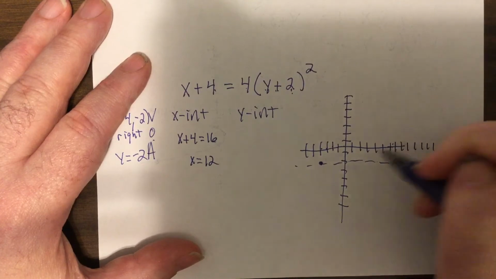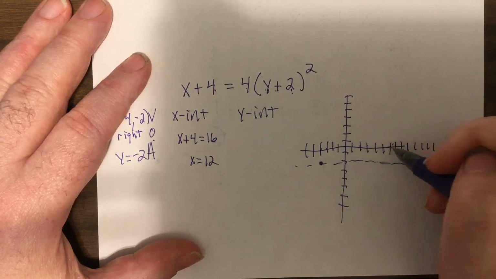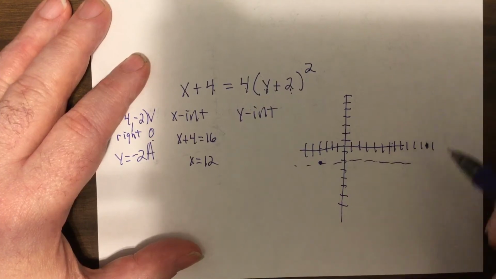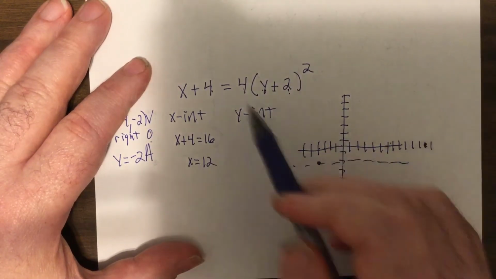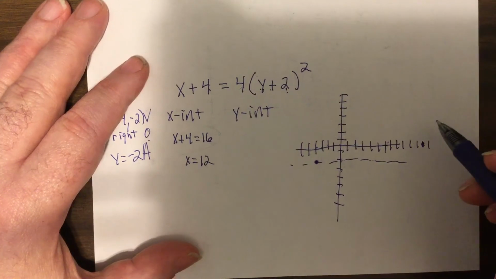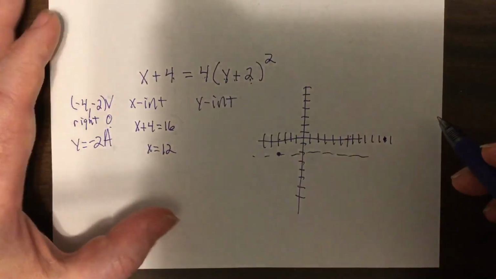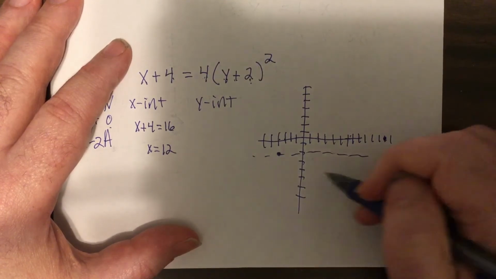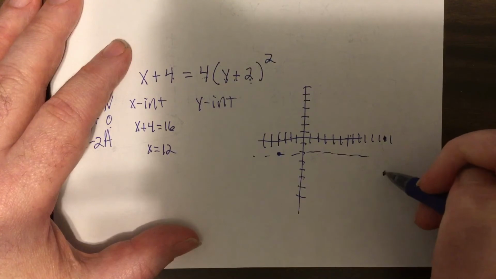So 1, 2, 3, 4, 5, 6, 7, 8, 9, 10, 11, 12. And notice it's way down there because you got a 4 for your a. It's really multiplying this thing. So then if there's a point 2 units above, there's got to be a point 2 units below.